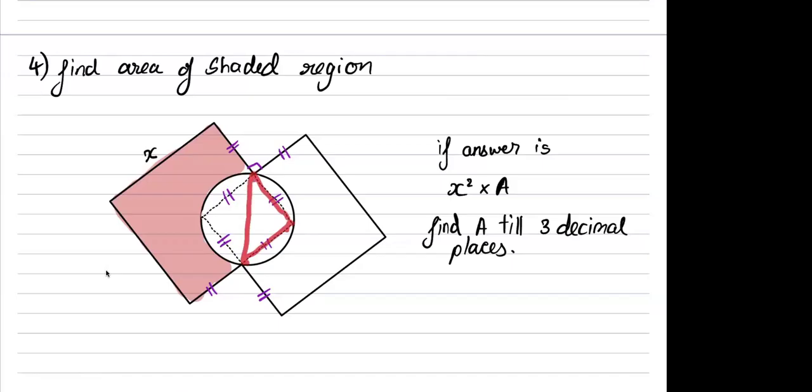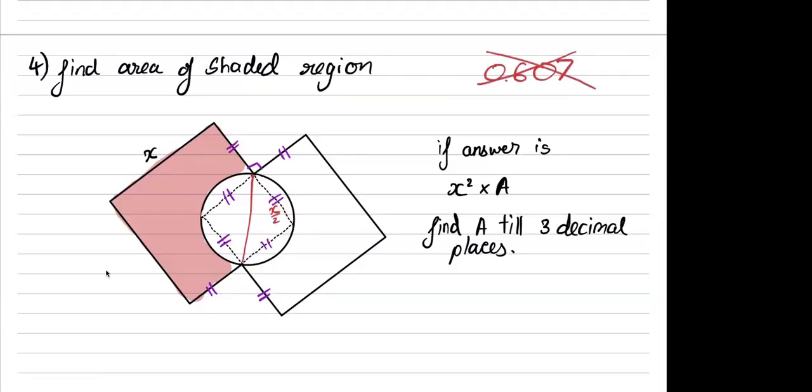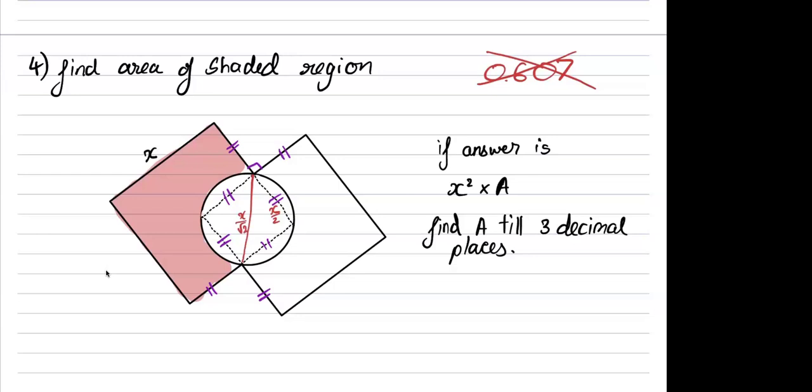How much is that? So you got x upon root 2. Correct.